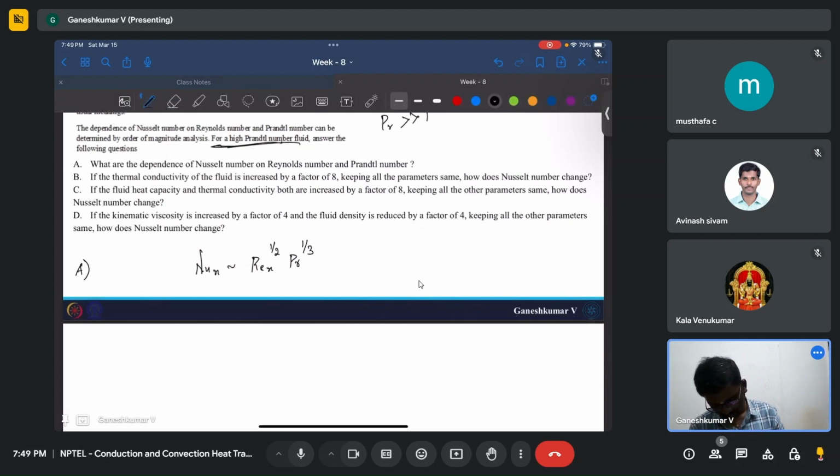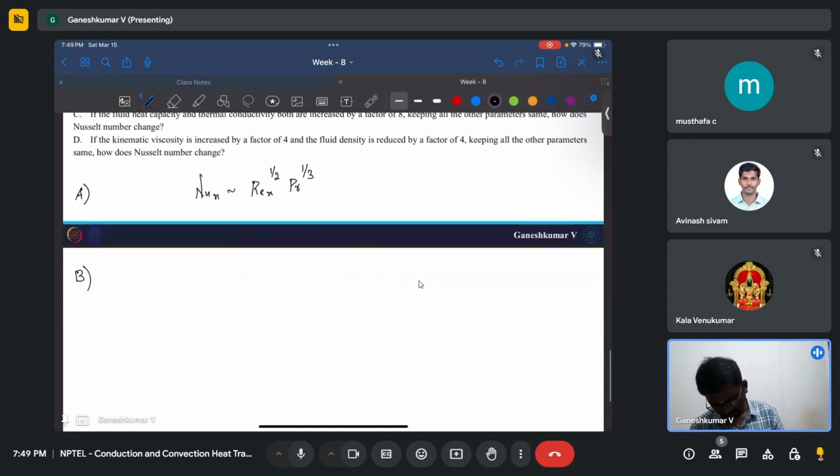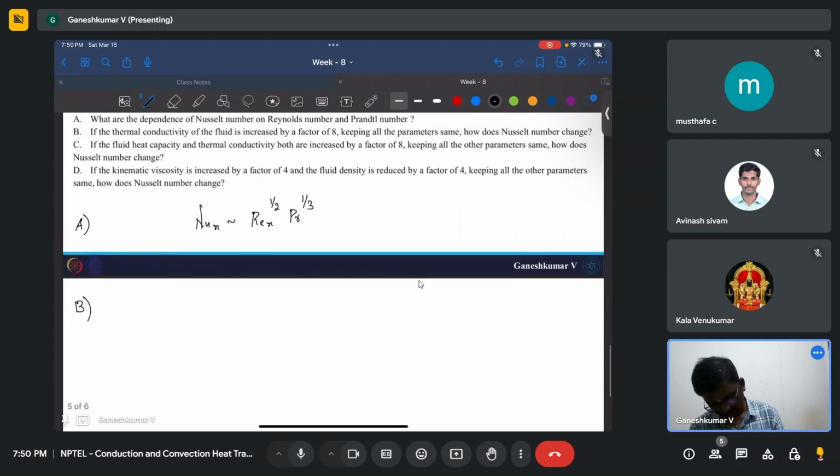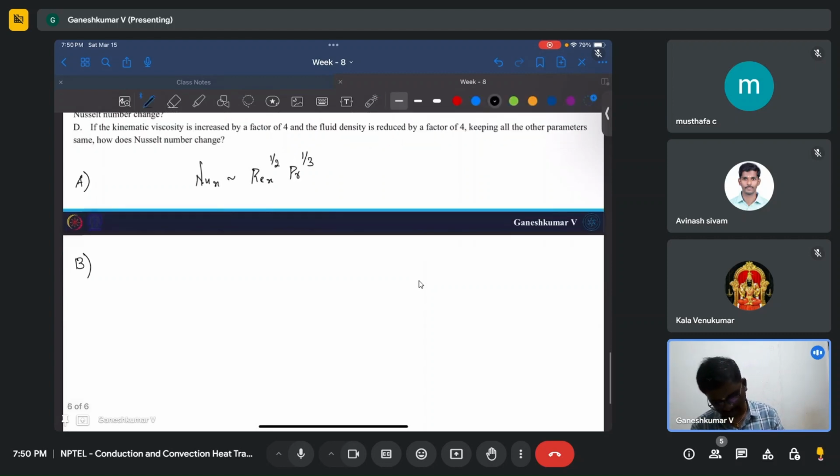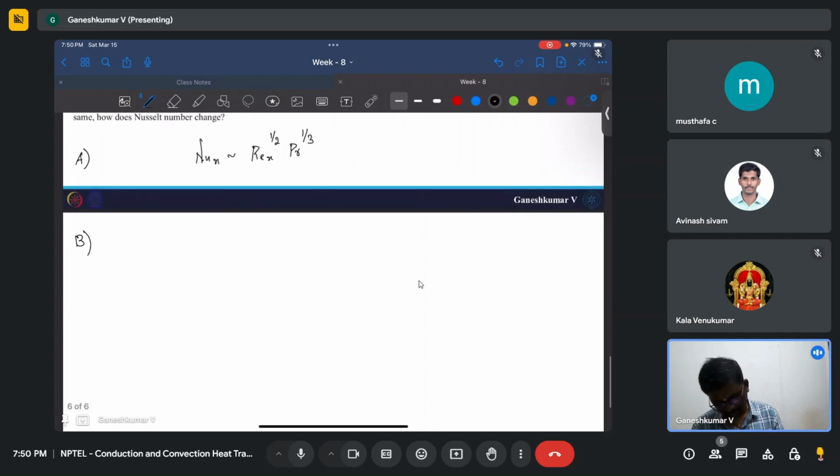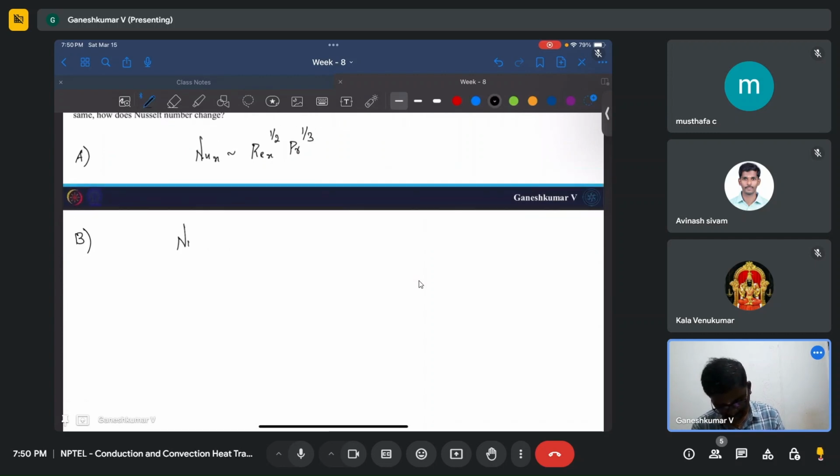Okay. Now, the second question that they are asking is, if the thermal conductivity of the fluid is increased by a factor of 8, how would the Nusselt number change? So for the same expression, we will simplify this in terms of properties. Reynolds number is nothing but U infinity L by nu, power half.